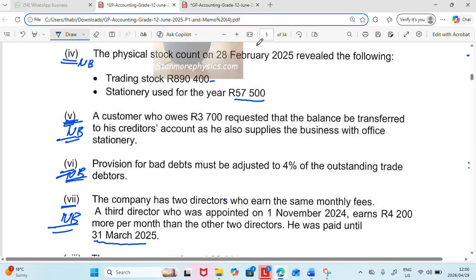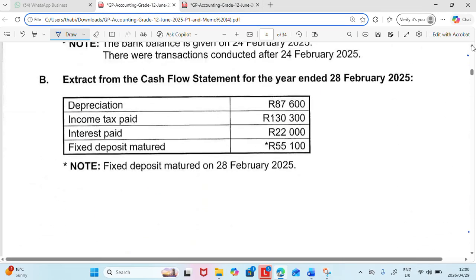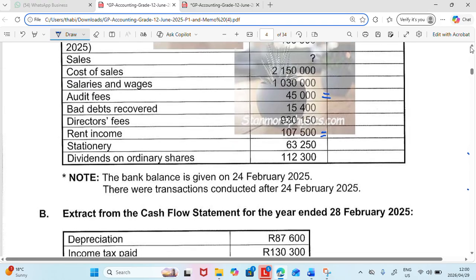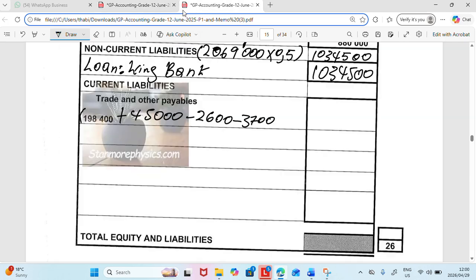Okay, so we need to check if we have anything from that list of items, guys, on trading other payables. Please look at that note carefully. So we have creditors for salaries of how much? 24,750. We owe our employees 24,750. That must be paid in the next financial year.